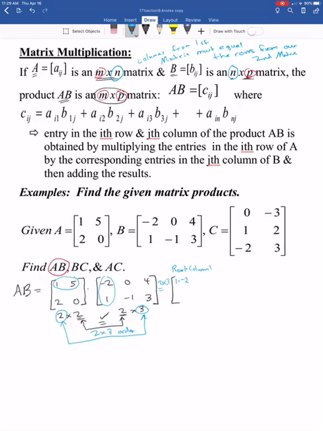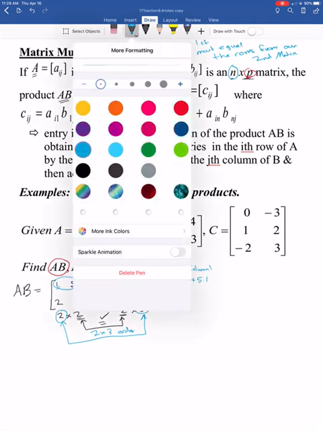So the corresponding entries, first entry in the row, first entry in the column. And as we move, we add. As we move through the row, we're going to add up the result of these products. Now we've got to multiply 5 with 1. So plus 5 times 1. So there's row 1, column 1 entries multiplied together, and we'll simplify in the next step.